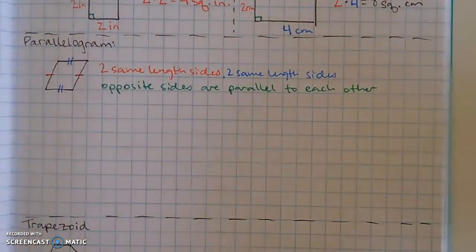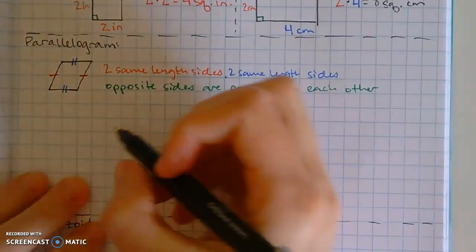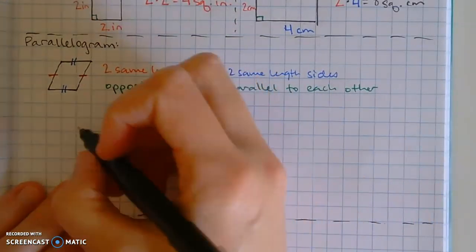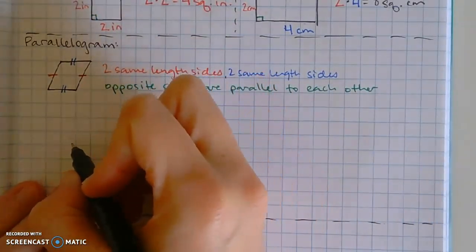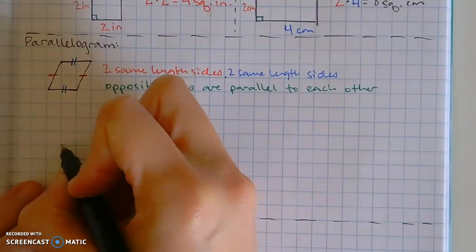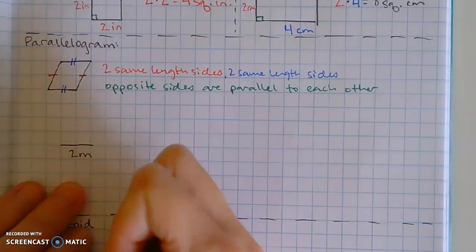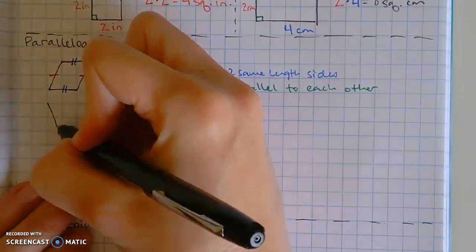Okay, when we're talking about finding the area of a parallelogram, I'm going to draw this out and you're going to do it, but I'm going to show you on something a little bit larger. So if I have a parallelogram that is 2 meters wide, and it's going to be 3 meters tall, and I'm going to do it a little bit off center.